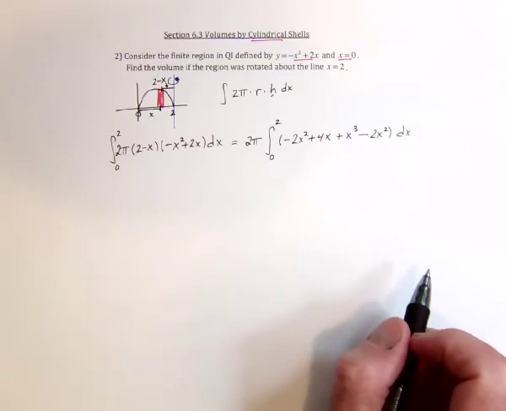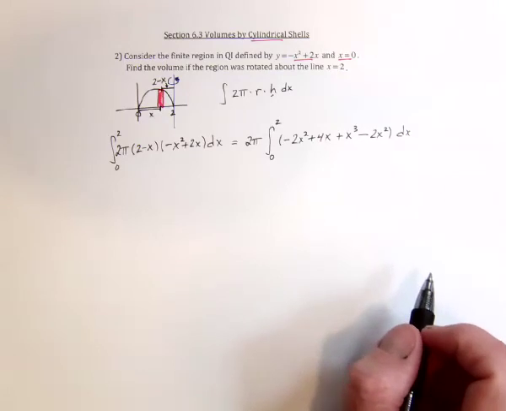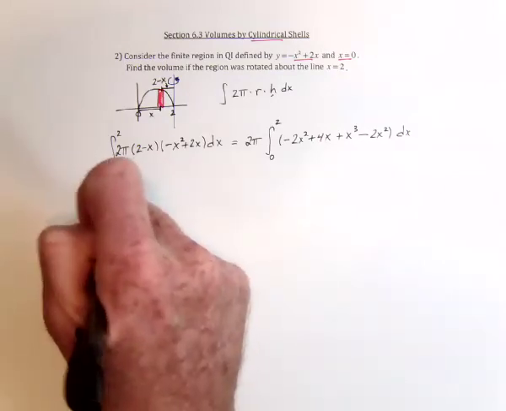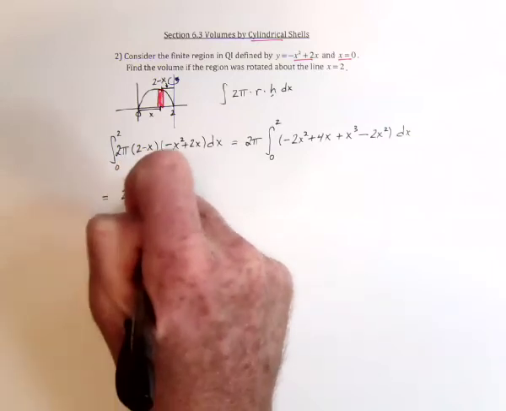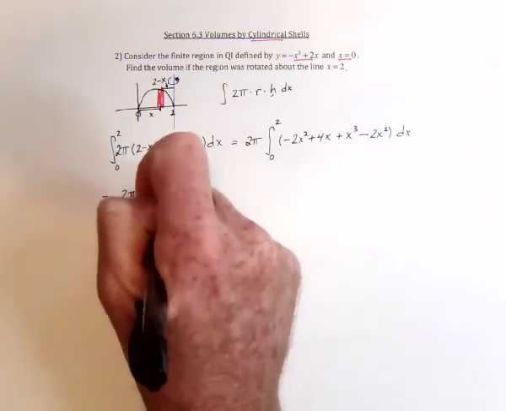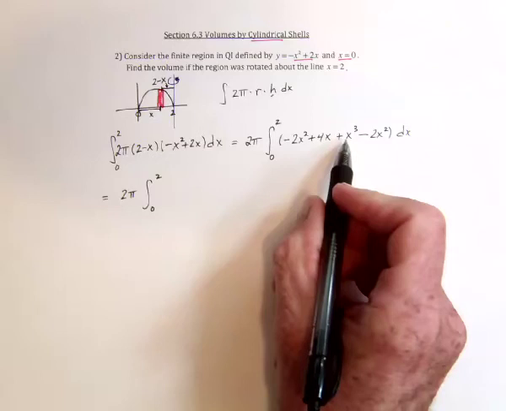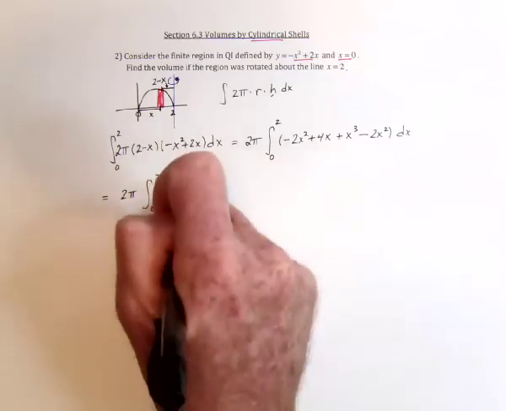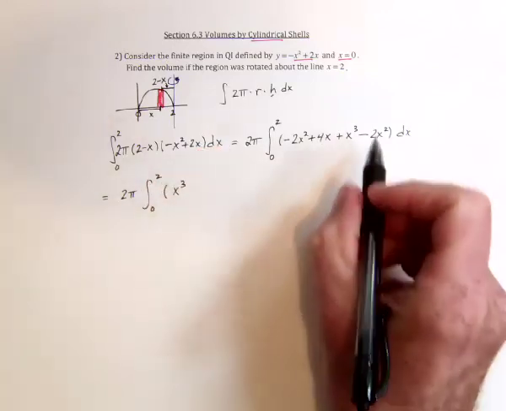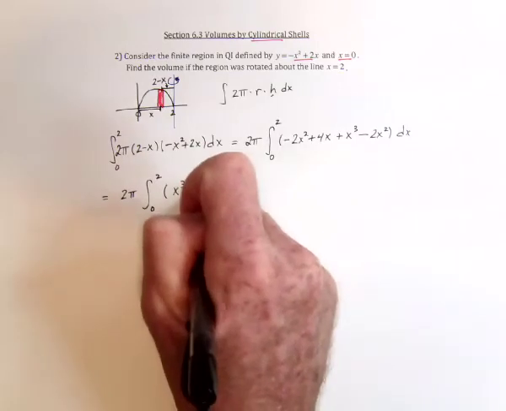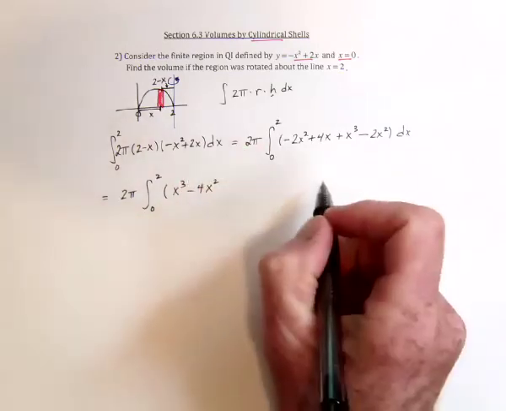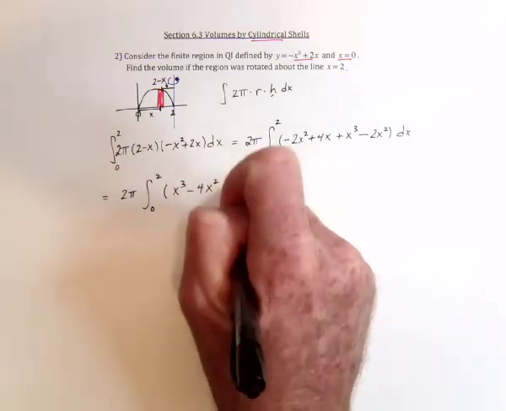You could combine like terms. Yeah, I think I will. Do a little bit more algebra first. So, I guess this one goes first, x cubed. And then combine these two for negative 4x squared. And then plus a 4x.